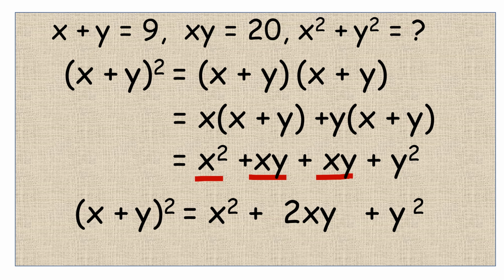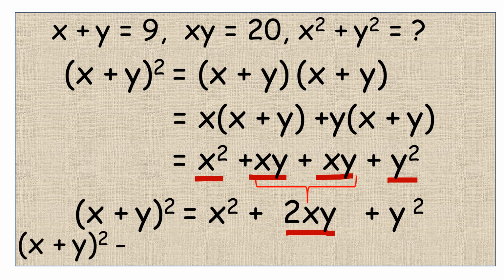So xy plus xy, when we simplify it, it will give us 2xy. Then we have this here. And that's why when you add your xy plus xy, it gives us what we have at the bottom here as 2xy. So if we simplify everything out, we have x plus y all squared is equals to x squared plus 2xy plus y squared.